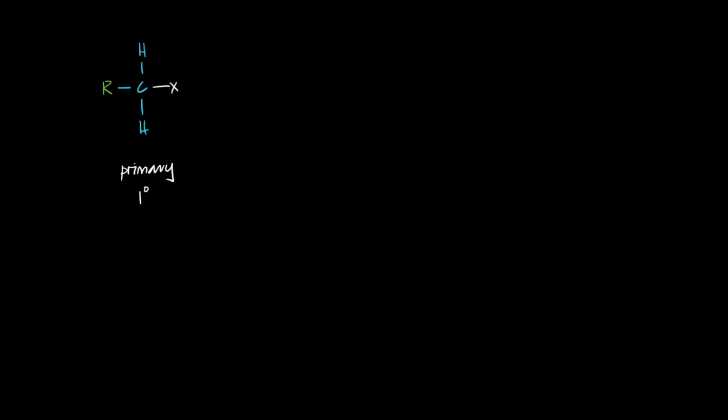That's the short form. Now the same carbon, if it has only one hydrogen and one halogen but two R groups, maybe different, is referred to as a secondary halogenoalkane.